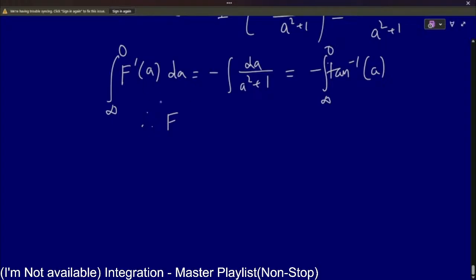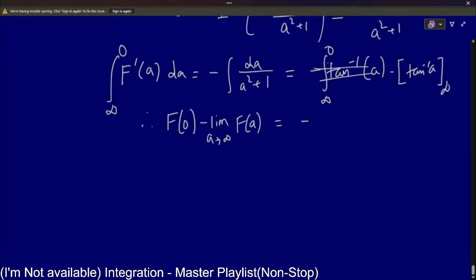The fundamental theorem of integral calculus tells us that this equals f(0) minus the limit as a tends to infinity of f(a). And similarly here, this would not be the integration; it would be like this because we have already performed the integration. This was just a writing mistake.